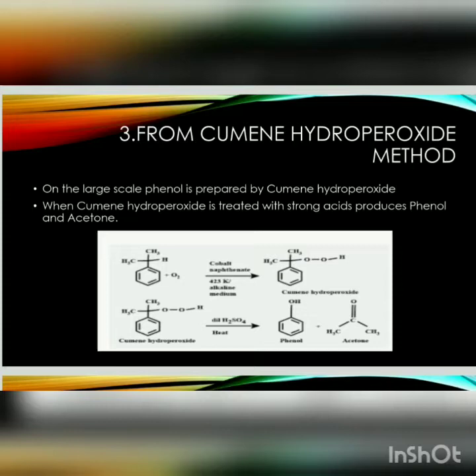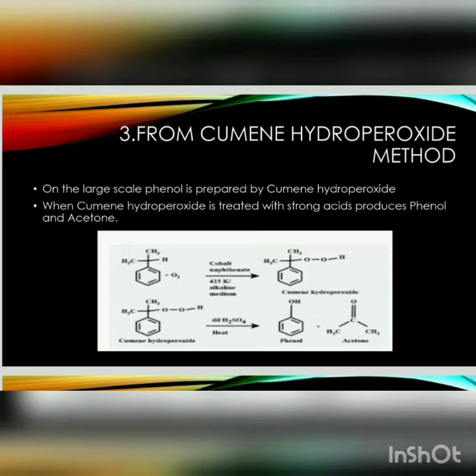We can prepare cumene from benzene. When benzene is treated with propylene in the presence of anhydrous aluminium trichloride, it produces isopropyl benzene, that is cumene. So cumene is also known as isopropyl benzene.